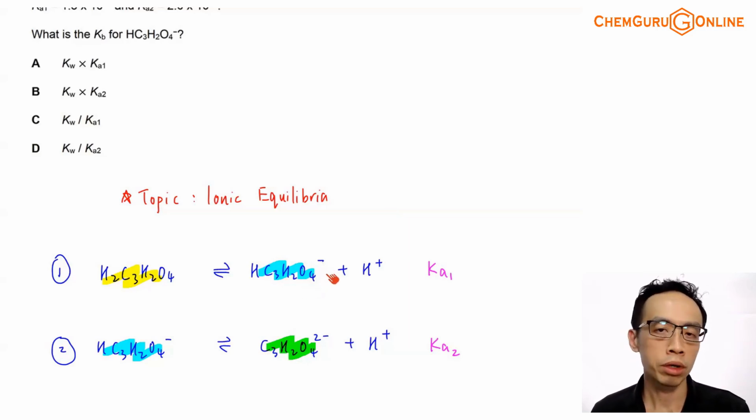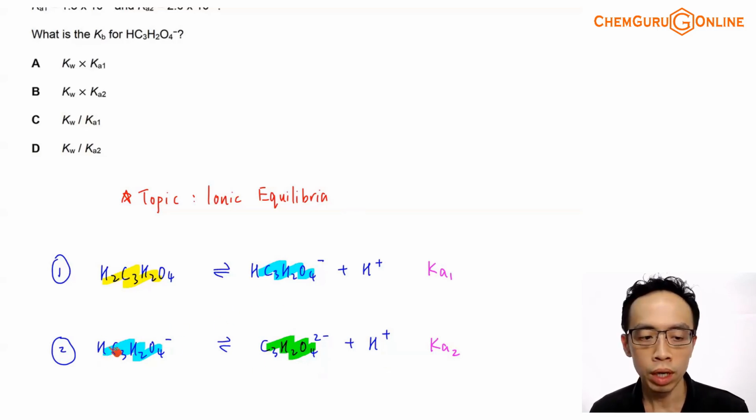Then your HC3H2O4 minus, because it can dissociate a second time, there's another proton that it can dissociate. So we will talk about the second dissociation: HC3H2O4 minus dissociates to give me one more proton to form C3H2O4 2 minus. Turn by turn, one by one, I dissociate to give me one H plus, then followed by a second H plus.